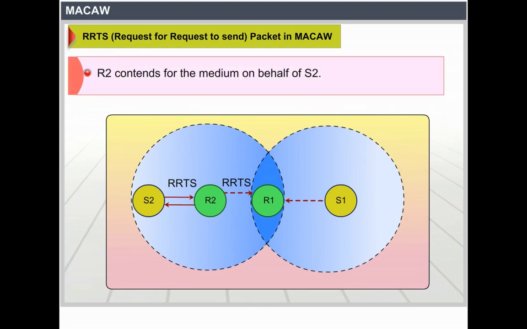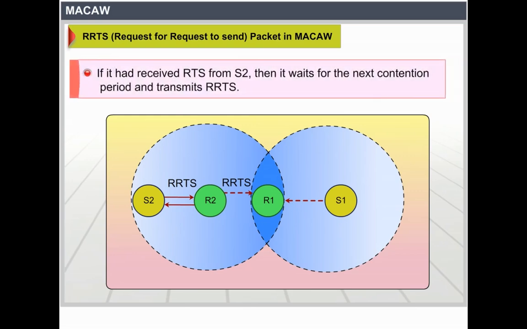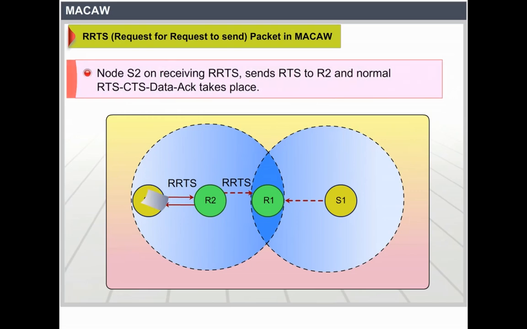R2 contends for the medium on behalf of S2. If it had received RTS from S2, it waits for the next contention period and transmits RRTS. Node S2, on receiving RRTS, sends RTS to R2, and the normal RTS-CTS-data-ACK exchange takes place.